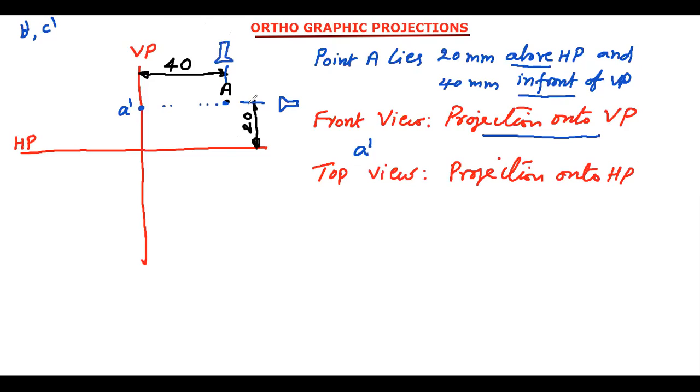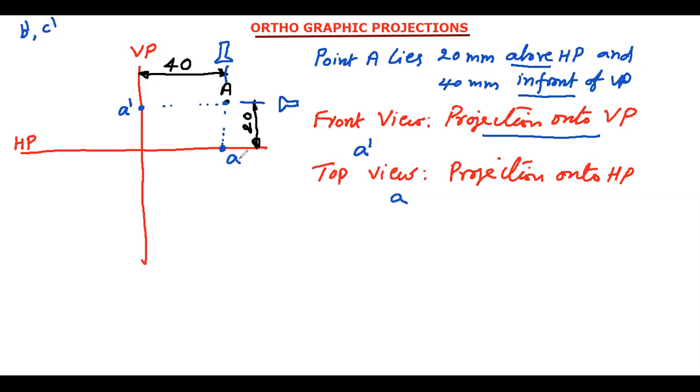Then when I switch on the torchlight, the shadow of this point falls somewhere here. So this projection is called top view, and we represent that with a small letter. Because it is capital A, the top view is represented with a small letter.